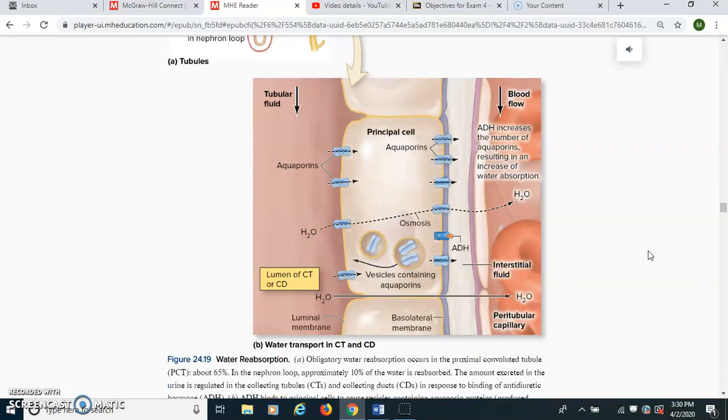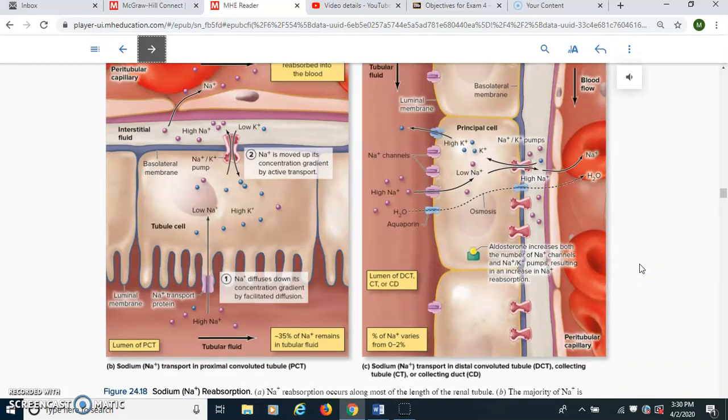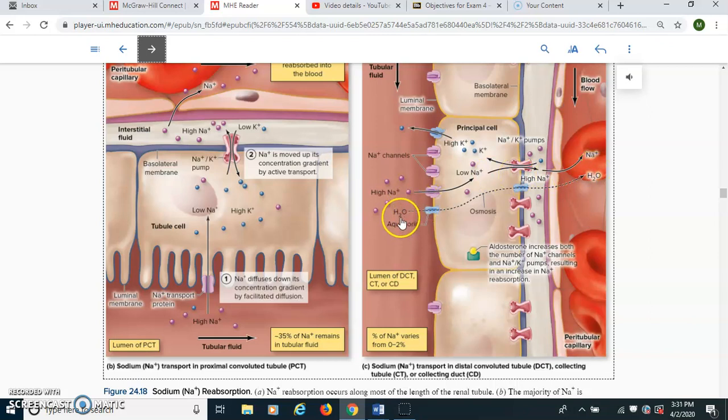The first one is aldosterone, and I don't think I mentioned this before, but if we slide back up to aldosterone working with the sodium, remember aldosterone, if it was present, would allow for the production of more sodium channels and sodium-potassium pumps. So you'll notice sodium will move, we'll get more sodium reabsorption. Remember, water is going to follow sodium because it wants to move from an area where there's a low solute concentration into an area where there's a higher solute concentration, so water will follow.